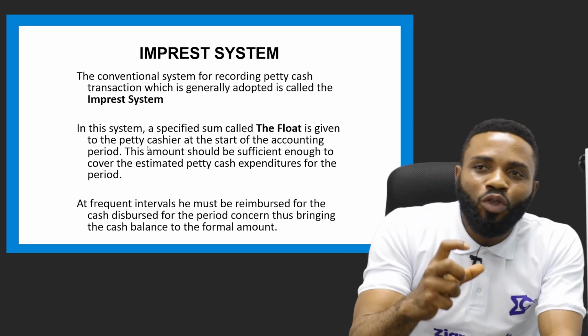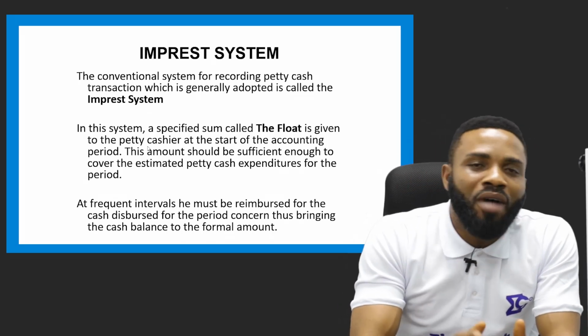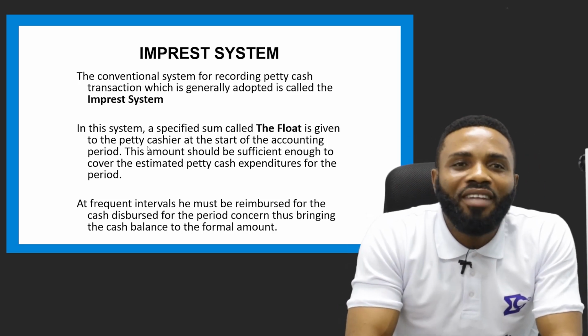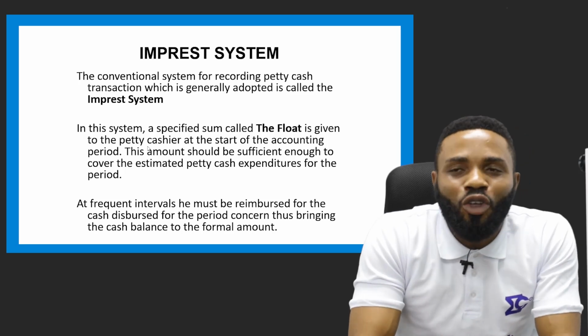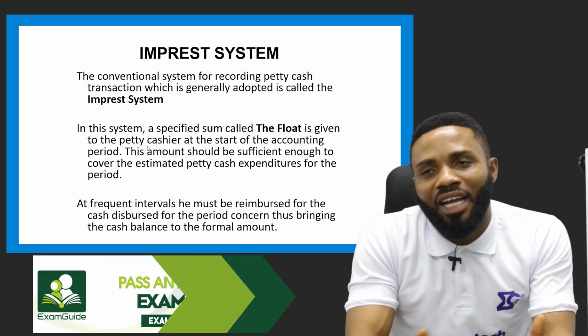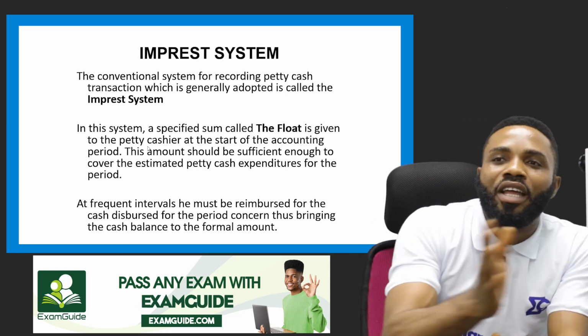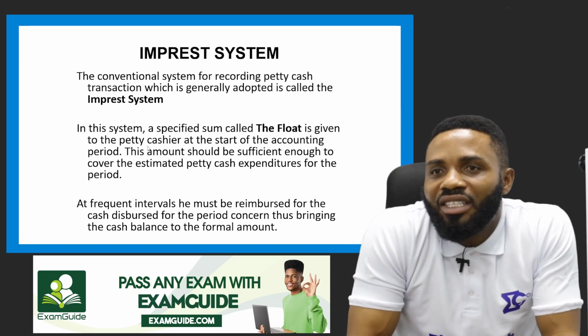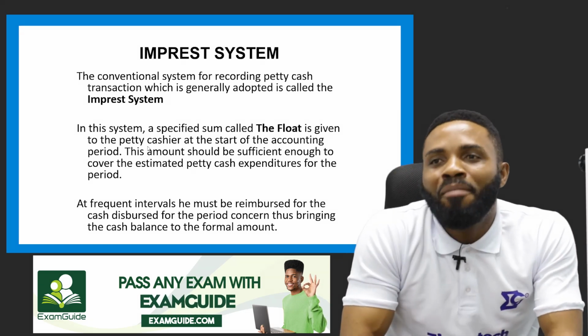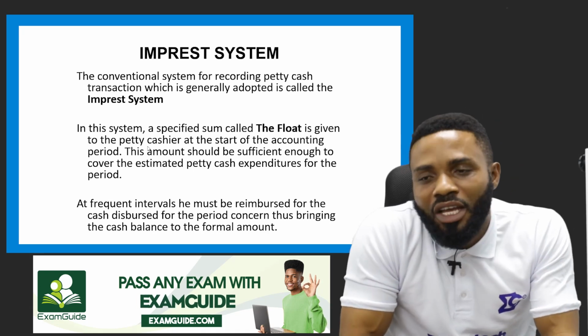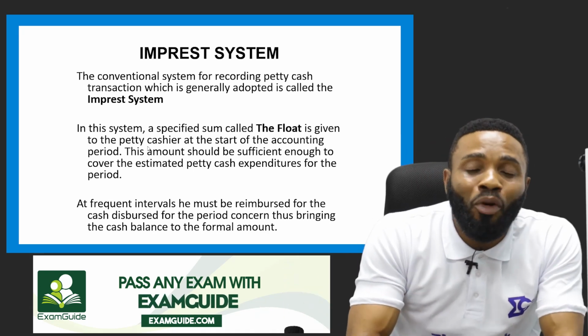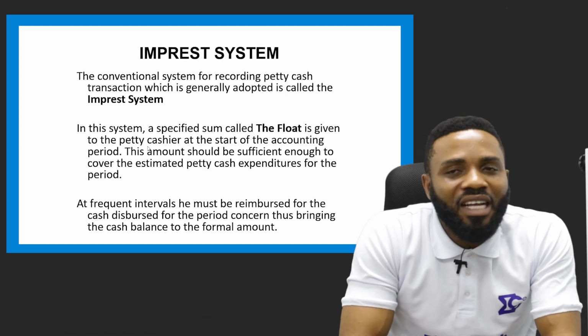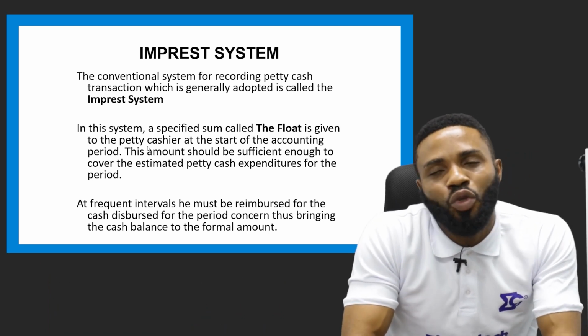The word float is derived from the marine word. We believe that anything that is thrown on the surface of a liquid does not have direction. It can move in any direction. So it is with the cash given to a petty cashier. That money does not have any direction. Even the main cashier, at the point of releasing this money, cannot tell the petty cashier what to do.